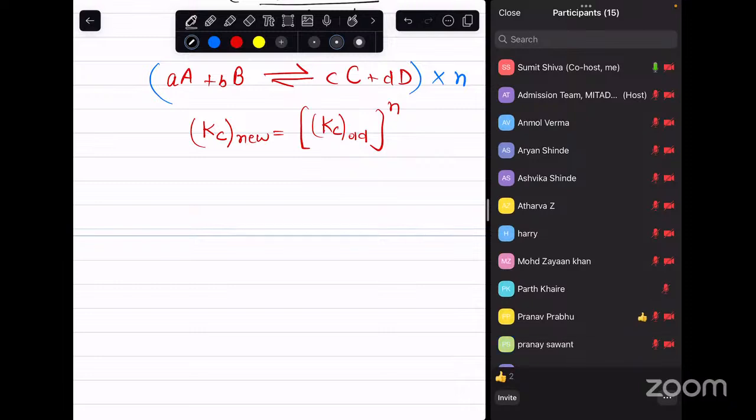What was the last topic in maths? Yes, last topic in mathematics. Cube root of unity.